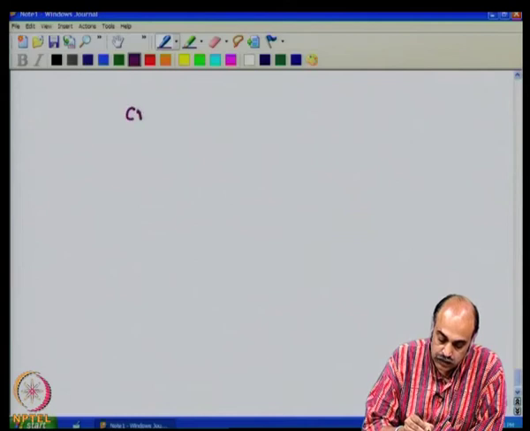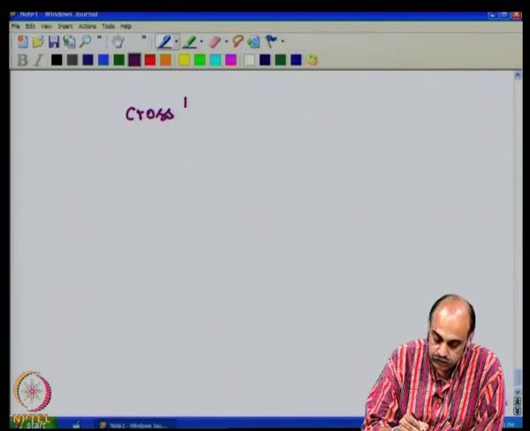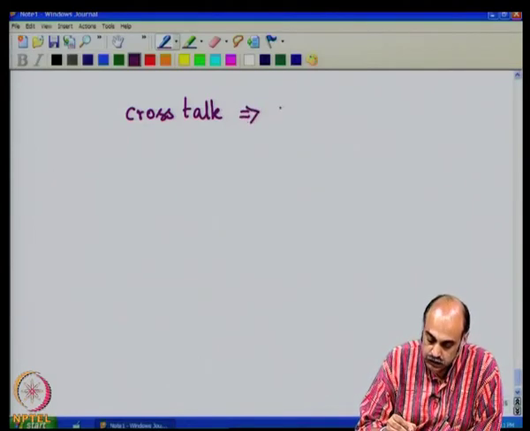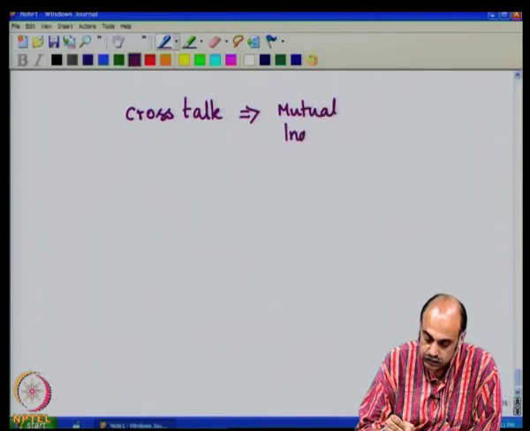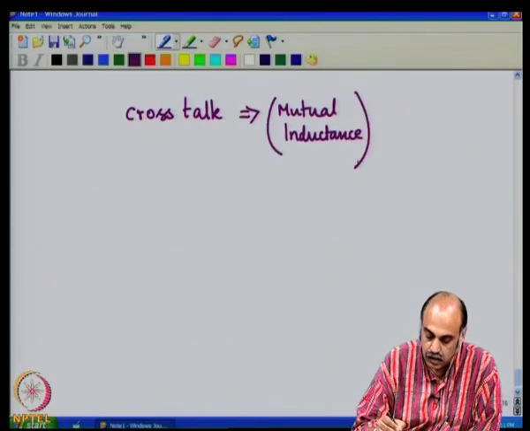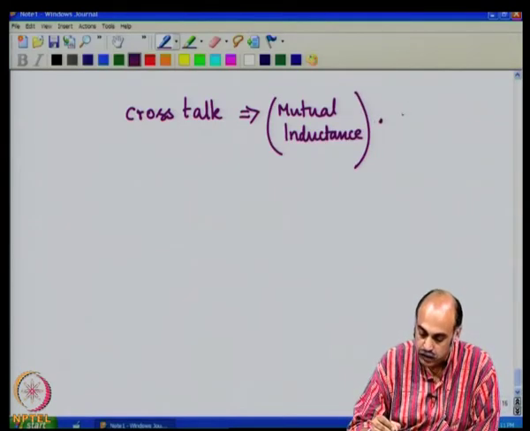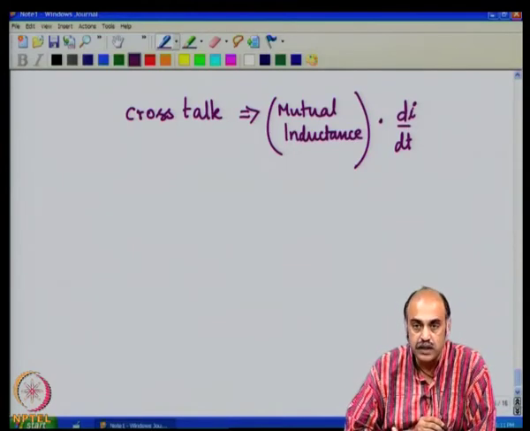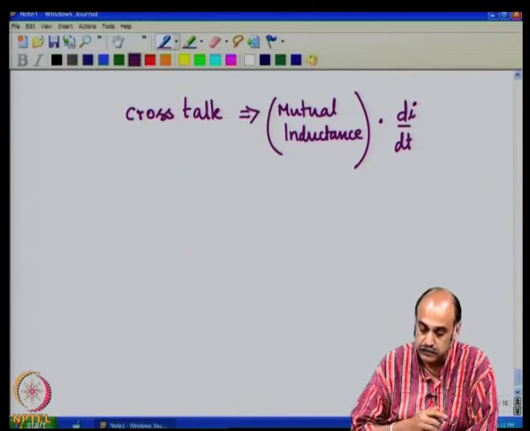The crosstalk is basically a function of the mutual inductance, and the important part here is dI by dt, the rate at which the current flows, the rise time of the currents.